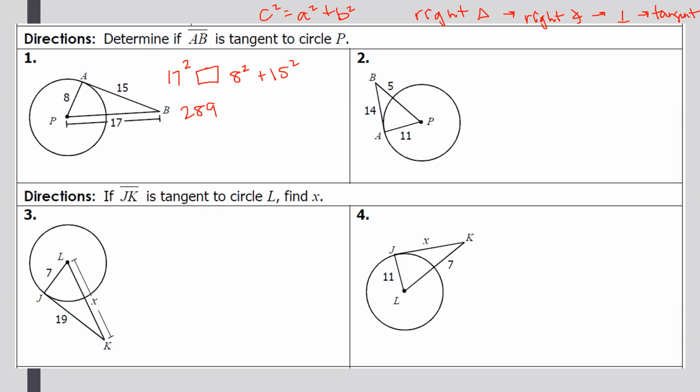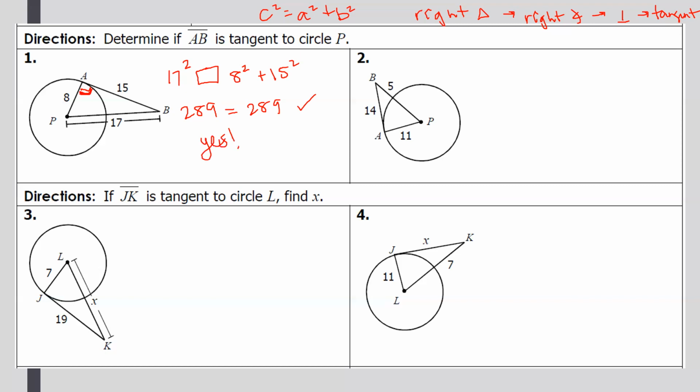And hey, calculator, what's 8 squared plus 15 squared? Oh, it's 289. They are equal. That works. So I have a right triangle, which means I have a right angle, which means that PA and AB are perpendicular, which means AB is tangent. So is it tangent? Yes, it is.